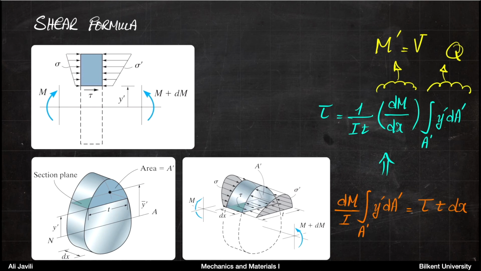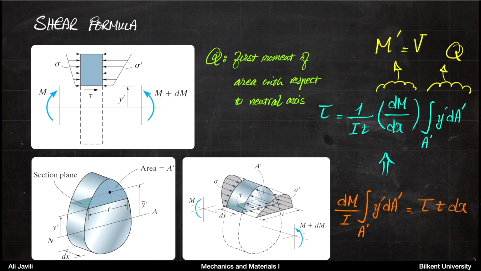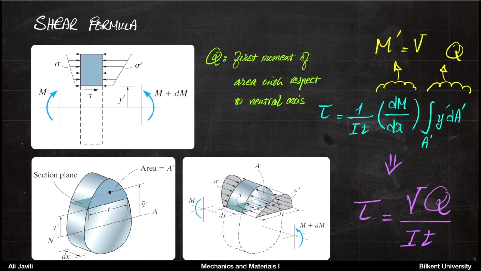So we replace the dM over dx by V, that is the shear force itself. And then the integral, we call it Q, which is the first moment of area with respect to the neutral axis. Having that, we can write our shear formula like this: tau equals VQ over It.